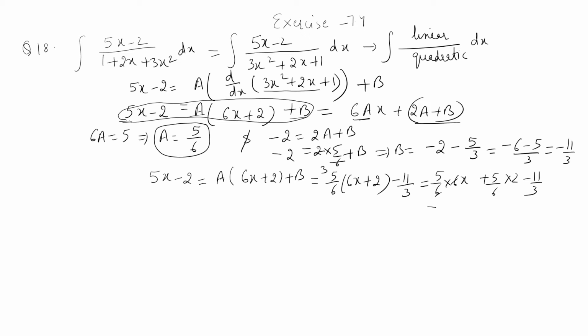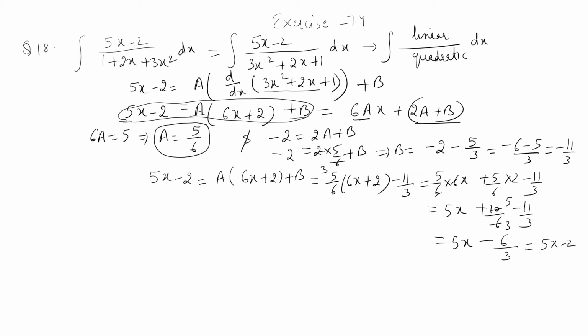So that makes it 5x, and this is 10 by 6 minus 11 by 3. So 10 by 6 is your 5 by 3. So it is 5x minus, 5 minus 11 is 6 by 3, and that clearly is 5x minus 2. So you don't need to work out everything in this written form.